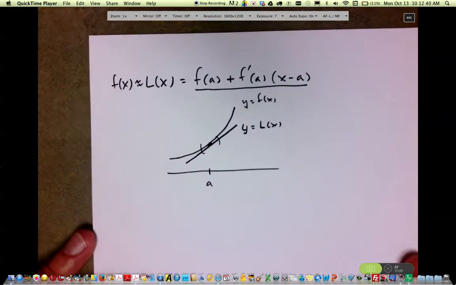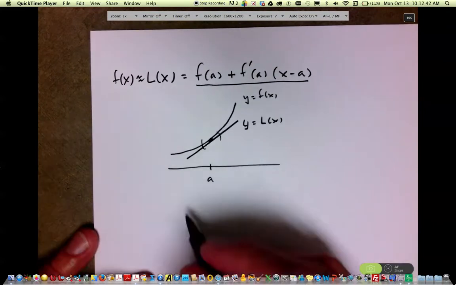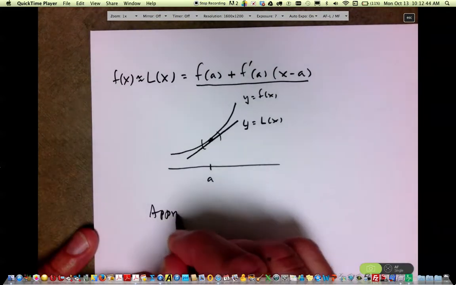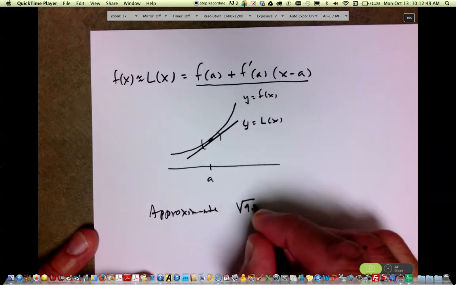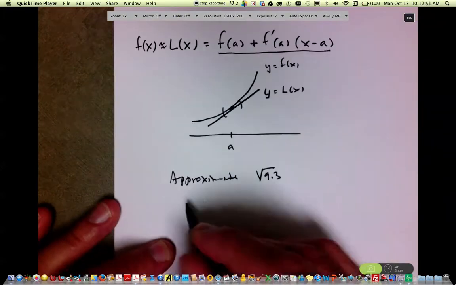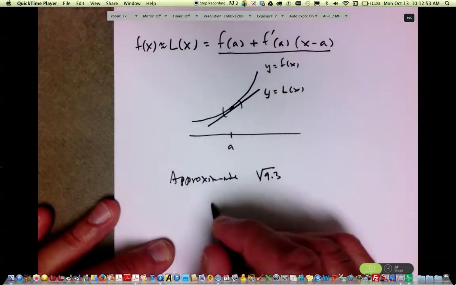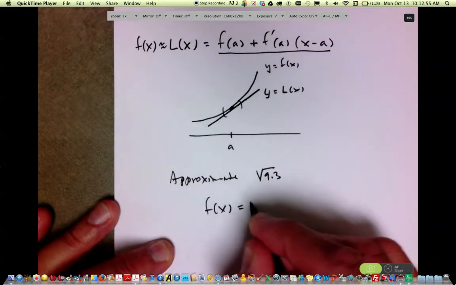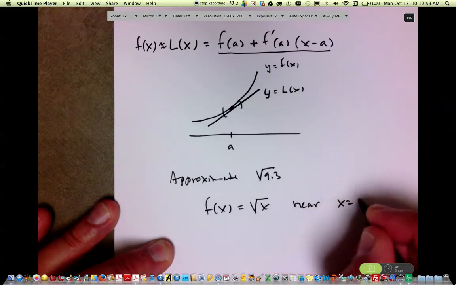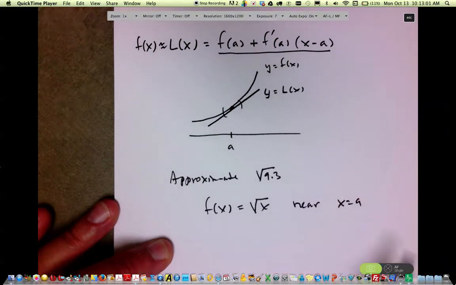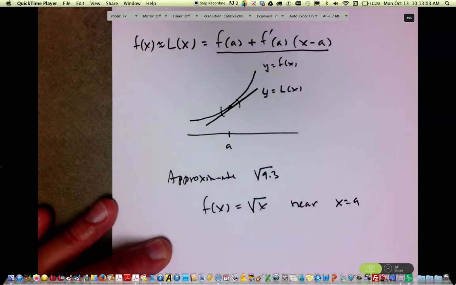All right, so one of the things that we did in class was we said approximate the square root of 9.3. And so we said we're trying to approximate the function f of x equals the square root of x, near x equals 9. The reason we're picking 9 is it's pretty close to 9.3, and also it's easy to plug into the function.